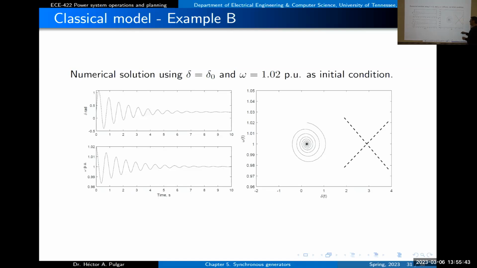And the other eigenvalue will be associated with this other eigenvector, which is the unstable one. This is the eigenvalue real but positive. So if you get close to that eigenvector, you will be pushed away to infinity, either in that direction or that direction. So that's what we did.